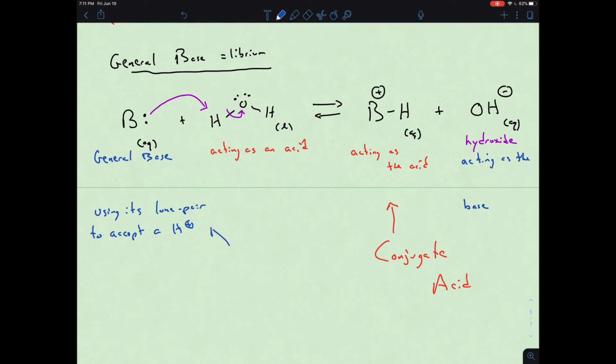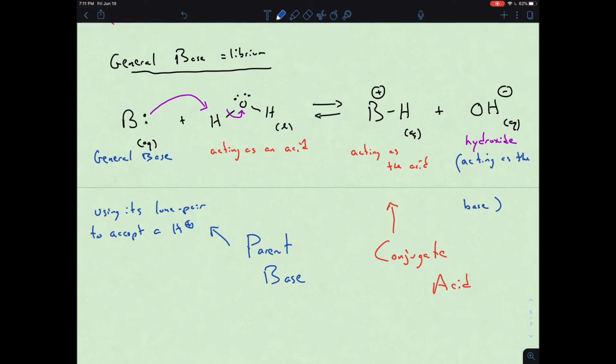So here is our parent base. And so these two, again, are tied to one another just like we had above. So that's the nature of these general acid and base equilibria processes.